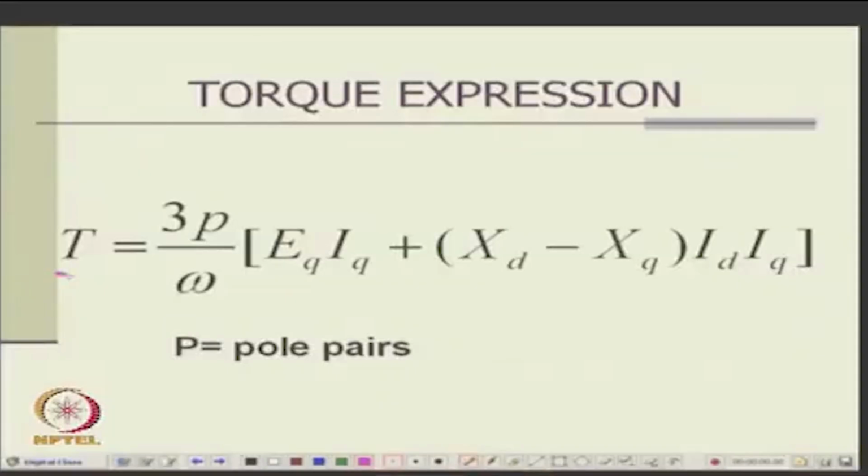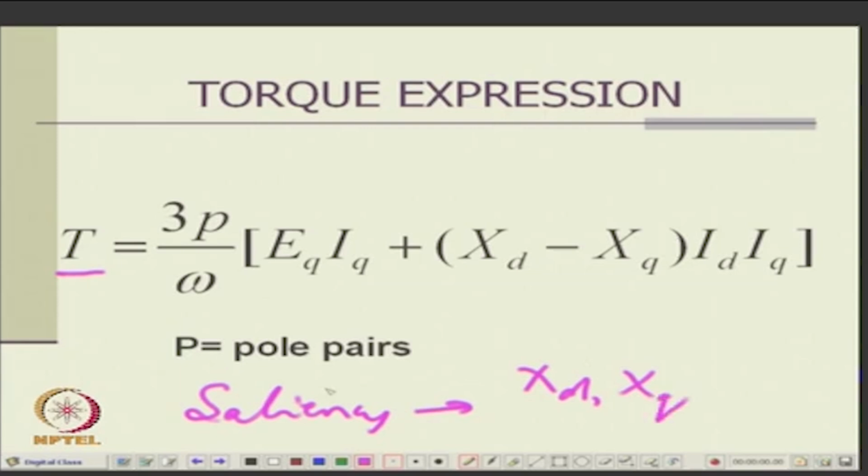So, torque, if there is saliency, we use XD and XQ, and the torque expression will have one term EQ IQ, and another term XD minus XQ into ID IQ. I hope you are aware of these two components of torque in the presence of saliency.